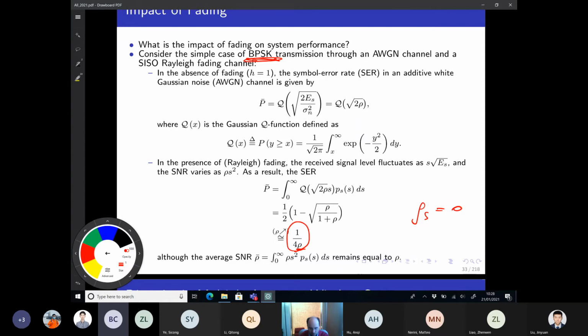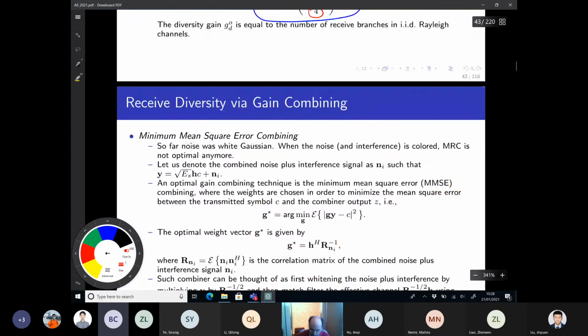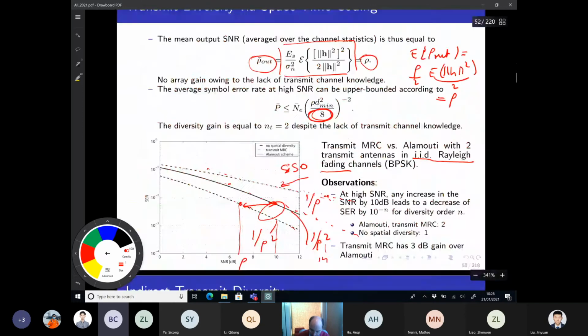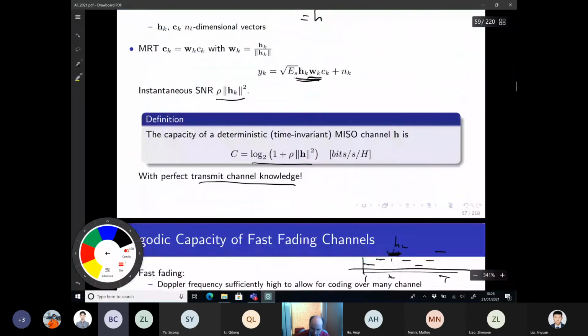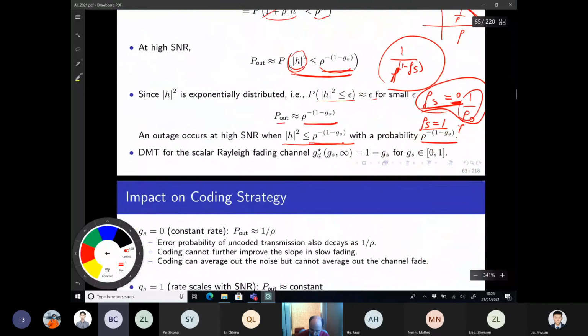If I increase my rate proportionally to the SNR, in the limit of high SNR, I will not have simply a 1 over rho there. That's what it says. So those two, the outage probability and the error probability analysis, are in line with each other, in the sense that when I transmit with a constant rate, indeed, I have an outage probability and an error probability that will scale as 1 over rho.